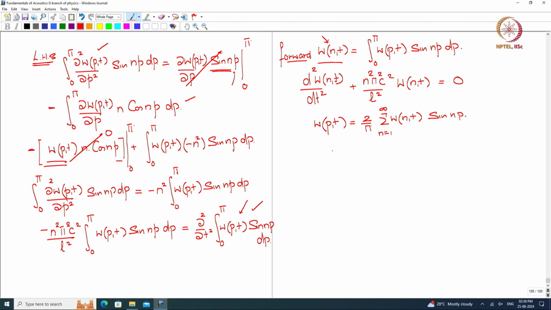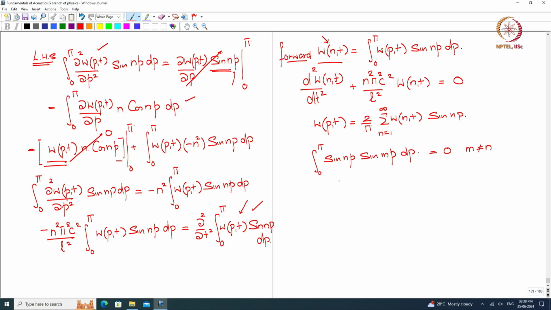And this 2 by pi comes from the fact that if you do the integral 0 to pi of sine np and sine mp dp, this is equal to 0 when m is not equal to n.